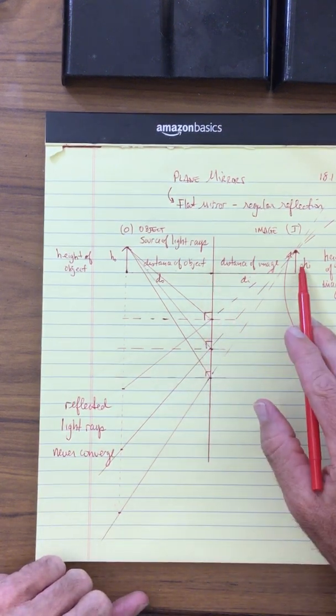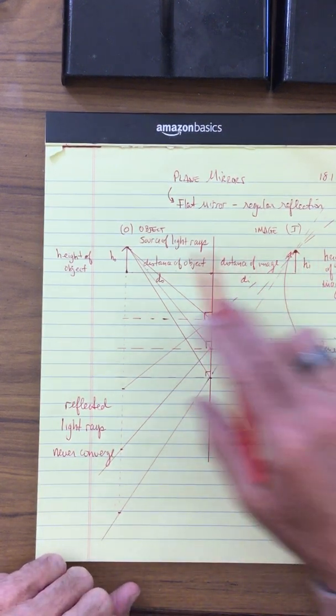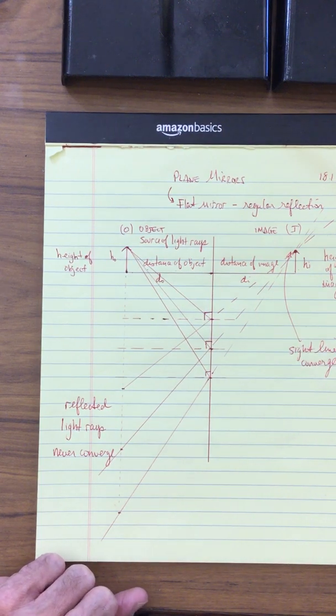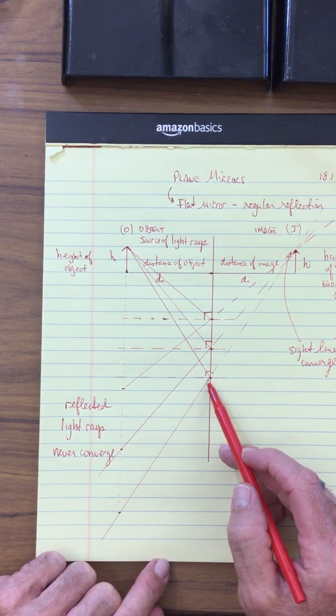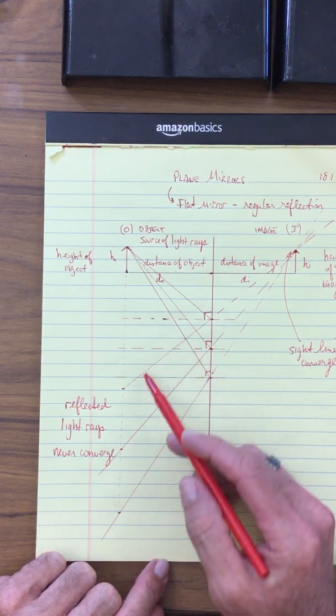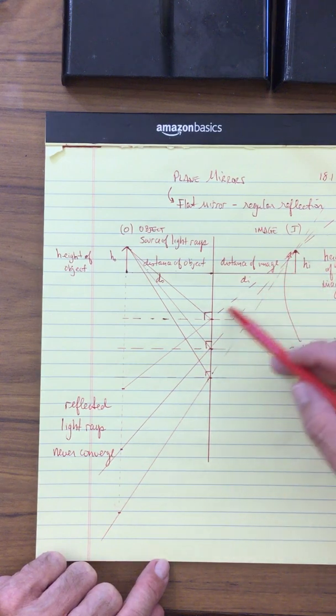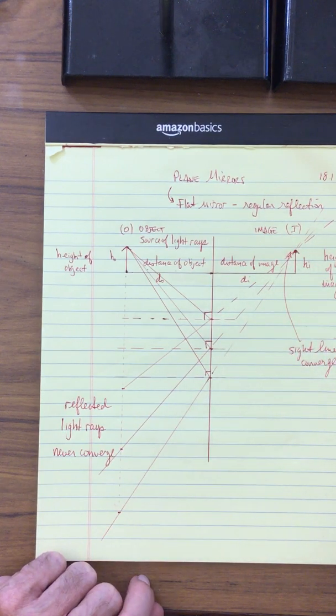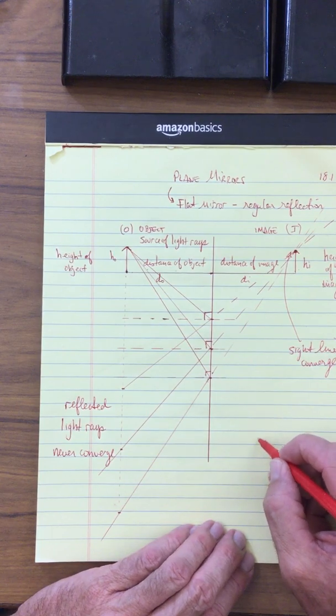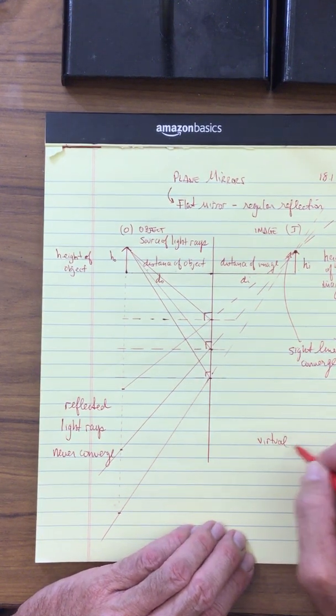So the sight lines in this case are converging into the mirror the same distance as the object is away from the mirror. Because our reflected light rays never came together, and it was actually our sight lines that did come together to form the image, this is called a virtual image.